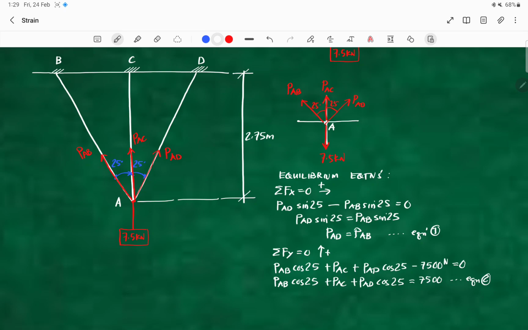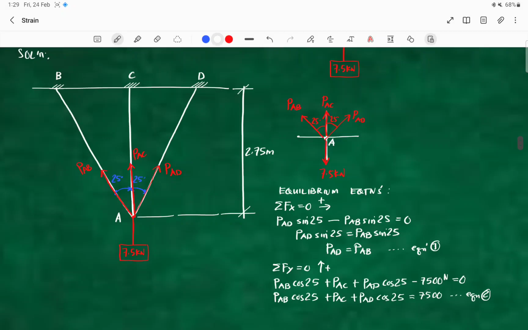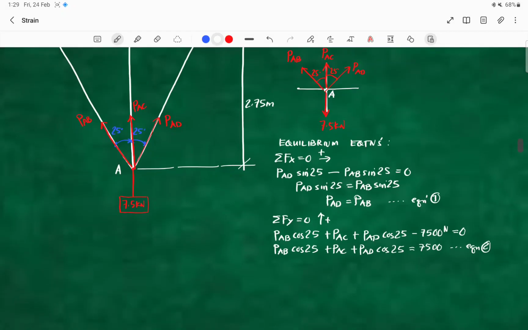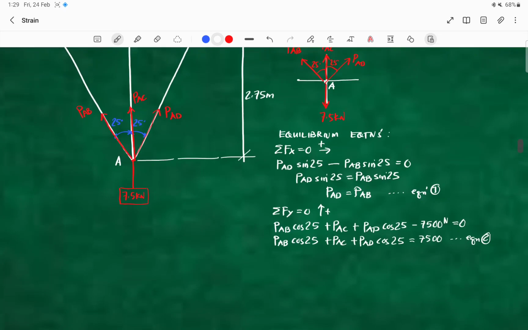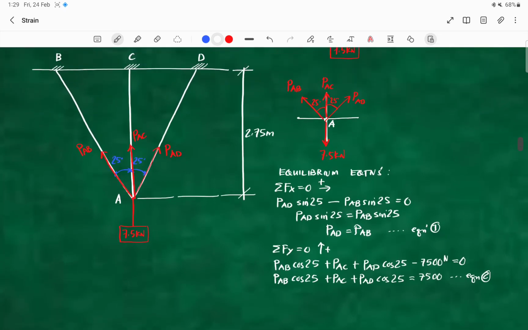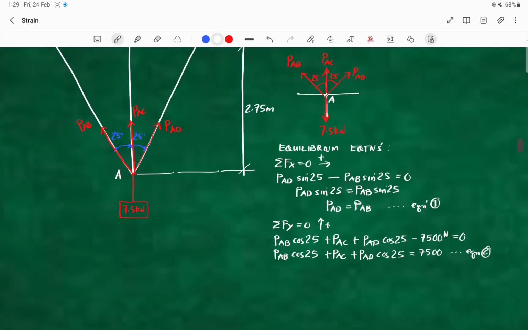Okay. So, meron tayong 2 equation, no? And nakikita natin meron tayong 3 unknowns. So, we need 3 equation, 3 unknowns, no? To solve the unknowns. Diba? So, ngayon, wala tayong magawang equilibrium equation. So, hindi talaga siya kaya ng equilibrium equation. So, this is a statically indeterminate structure, no?